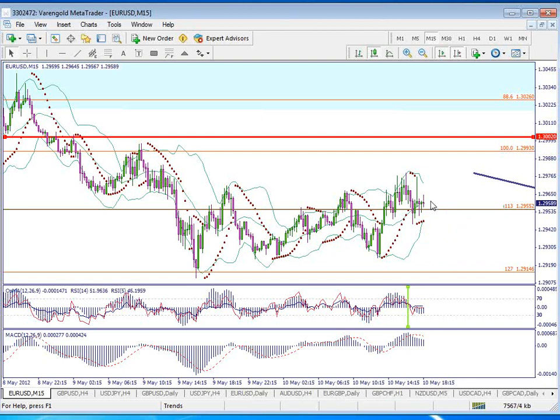I don't know, it's a very small time frame, it's almost scalping. So you have to look for several pips.